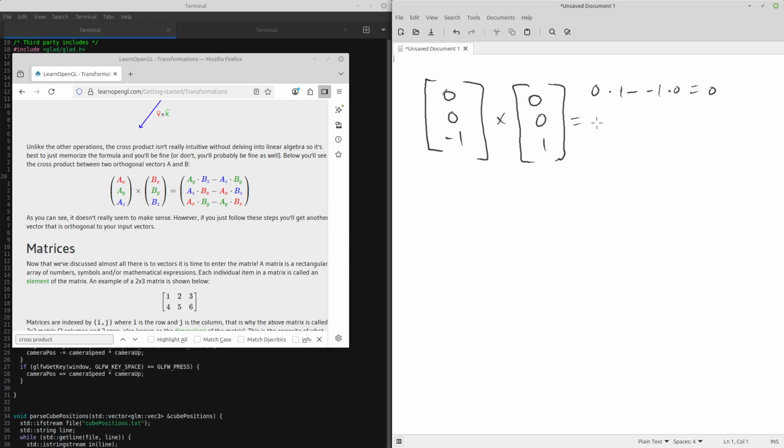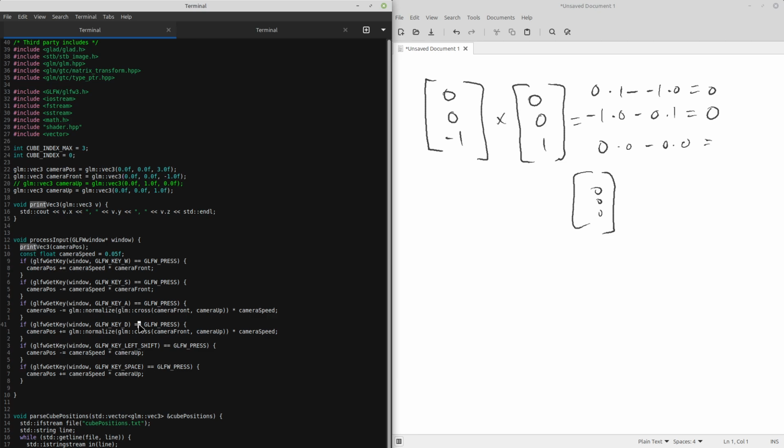Z and x. And then x and y, 0, 0, 0, 0. It gives us a 0 vector, I guess. Which I guess is considered not a number.